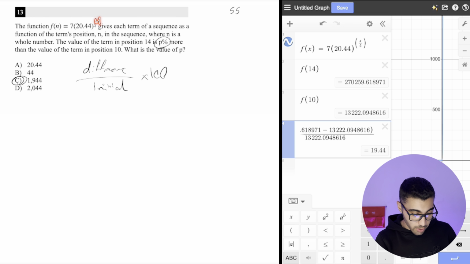So if you put 4 here, you're going to get 4 over 4, 1, and you will have 20.44. So f of 14 is 20.44 times f of 10. So you want to do minus 1, 19.44 times 100, you get choice C.